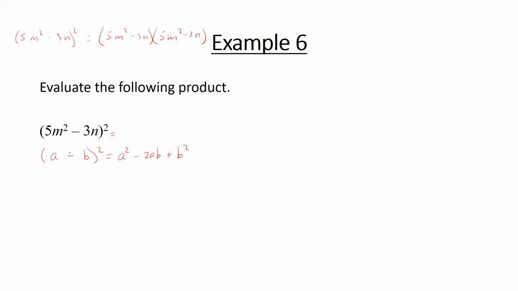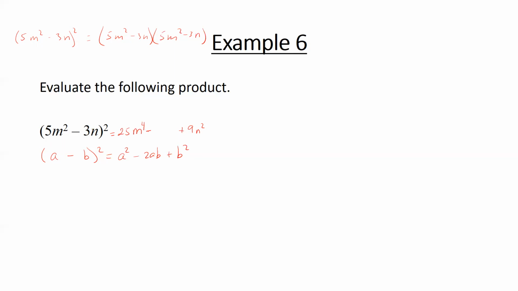right? The first term is just the first term squared. So 5m squared times another 5m squared is 25m to the 4th power. And you know your last term is b squared, that's the second term squared. 3n times 3n is 9n squared. Really, what you're looking for is the middle term.